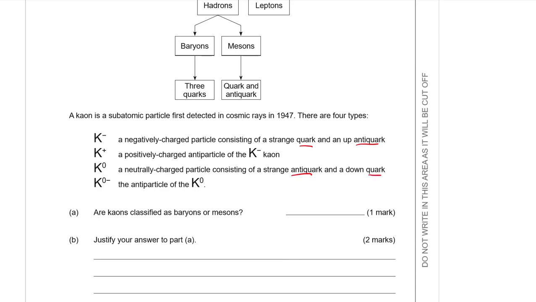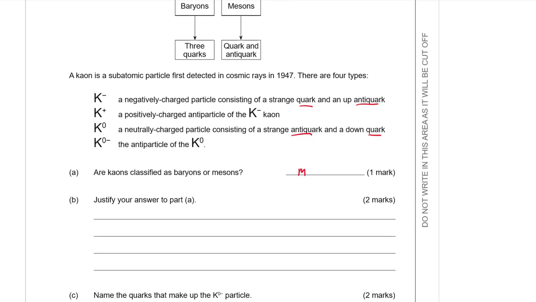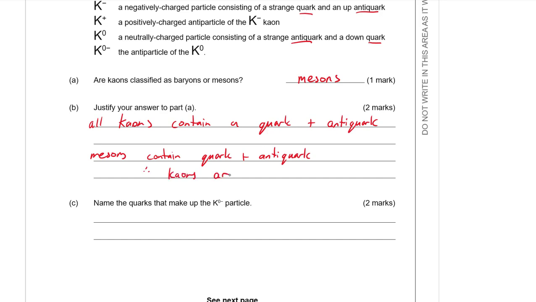So you've got the neutral and the negative, and then you've got the antiparticle of those. So you would say they are mesons, and then justification of your answer needs to be put in. So I would say that all kaons contain a quark and antiquark, and then you would say mesons contain quark and antiquark. Therefore, kaons are mesons.